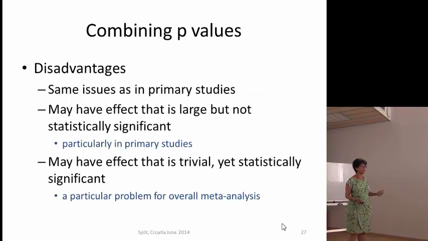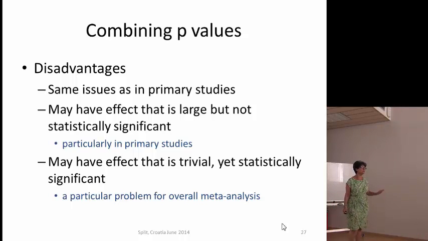Disadvantage. The same issues that I mentioned before with primary studies and vote counting. A p-value is a p-value is a p-value. It doesn't tell you anything about the size of the effect. So you can have a large effect that is not significant, or you can have a trivially small effect that is significant, again, based on your sample size.